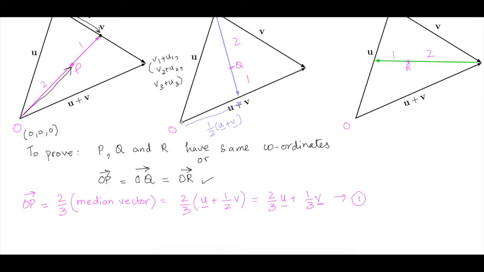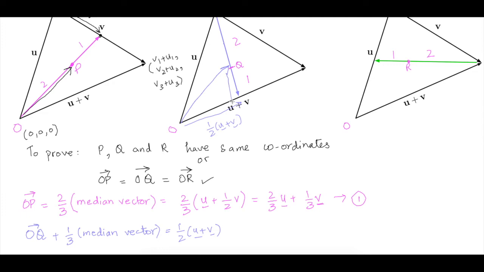Q is here. So now coming to this one, this is my OQ. So I have to say OQ plus 1/3 of the median vector is equal to half U plus V. Now why?